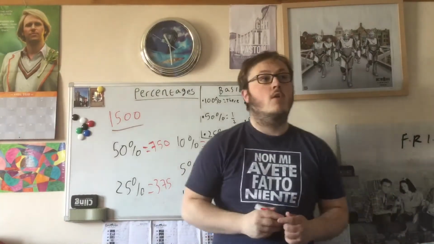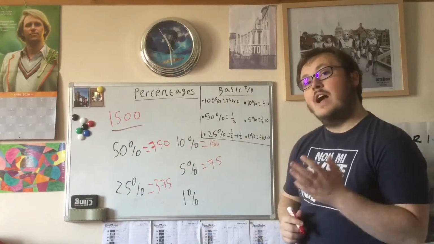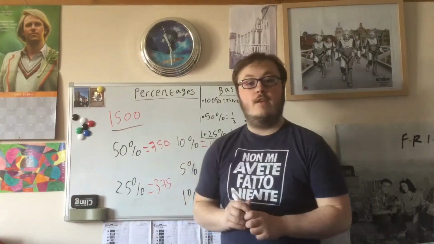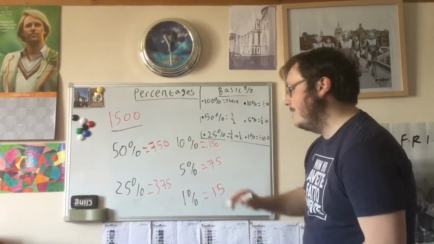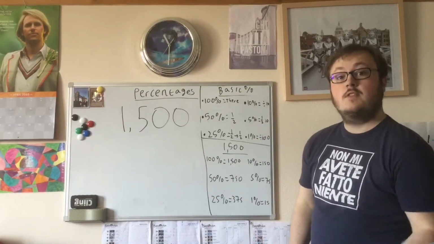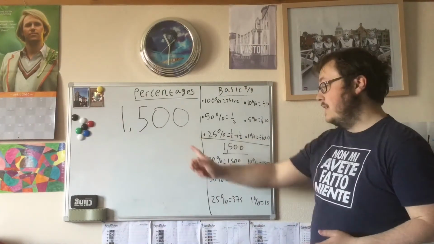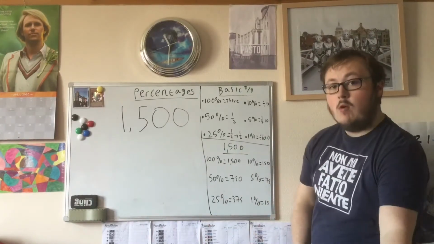And how do we find our 1%? Well, we divide our 100% by 100, so we divide 1,500 by 100, and that will get us 15. So what I've done is I've moved the basic percentages of 1,500 into this box because we're going to need them.